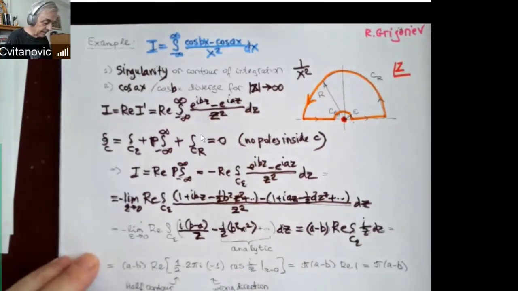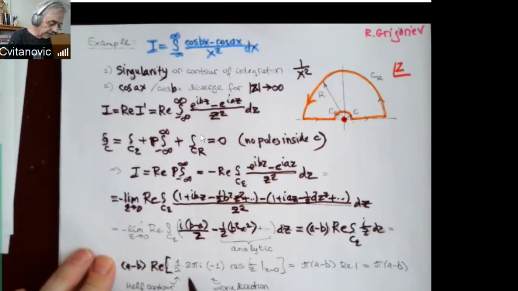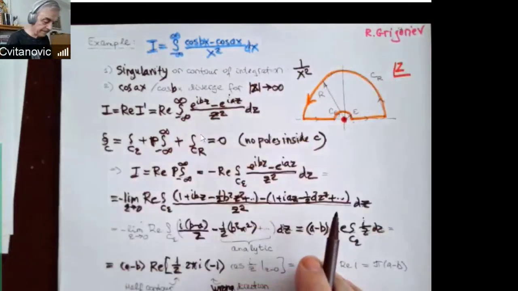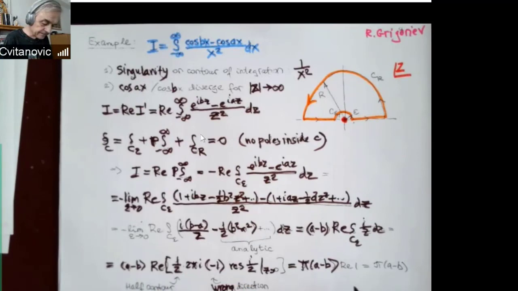So this goes away, and we just get the difference, the real part of a half turn, 2 pi i, going the wrong way because it's counter-rotation. The residue evaluated at the origin, and we just get pi times a minus b, and this residue is 1, so that's it.